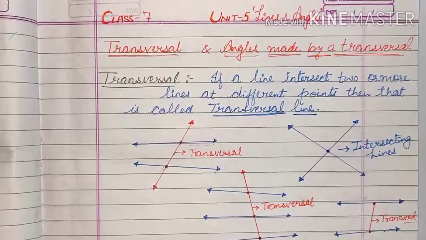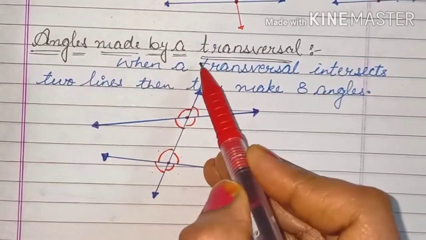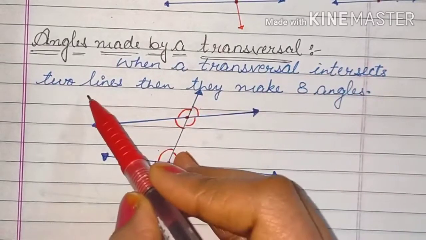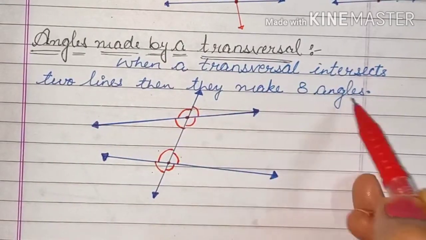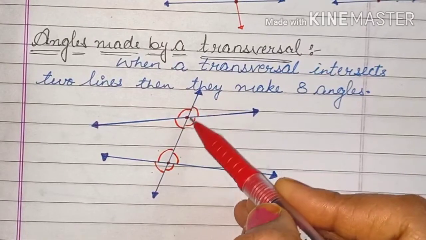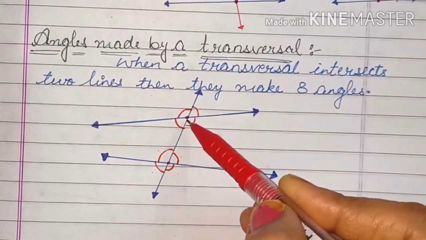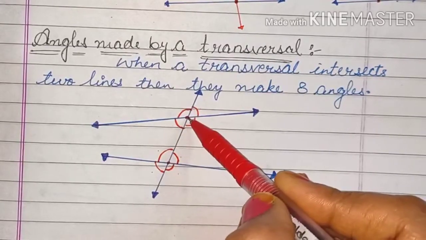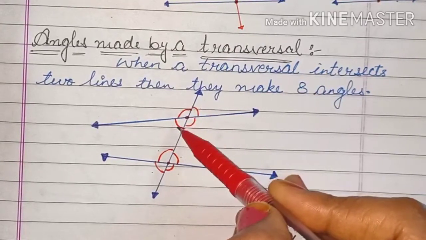Okay. Next is angles made by a transversal. When a transversal intersects two lines, then they make 8 angles. Here we can see that two lines are given and this transversal line is intersecting these two lines at two different points. When it intersects this line, 4 angles are formed.